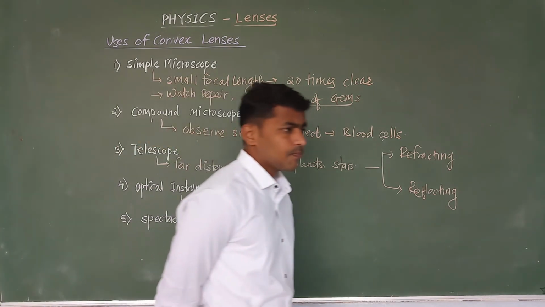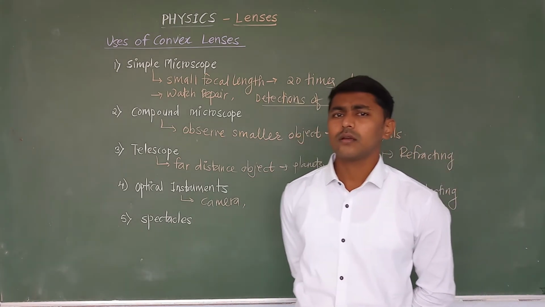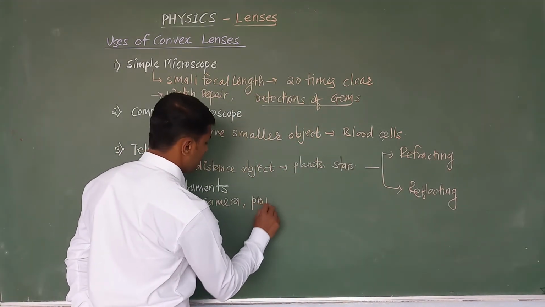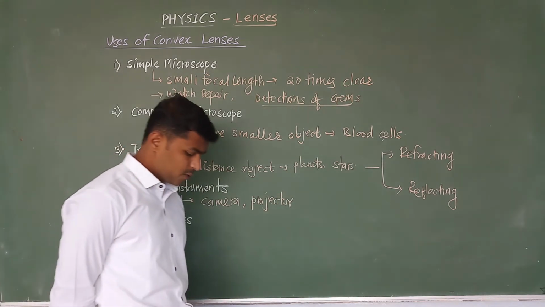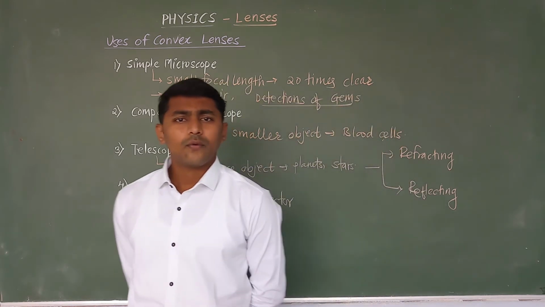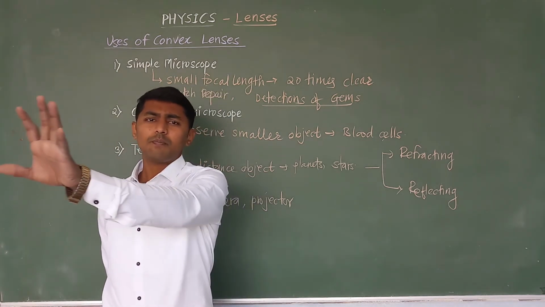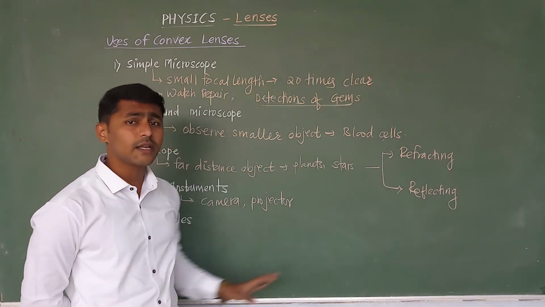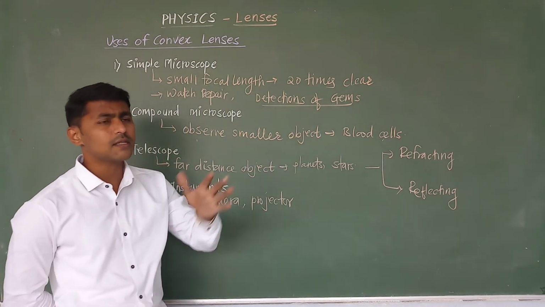Again, suppose we have to arrange a seminar where we use a projector. I hope all of you have seen the concept of a projector. A projector is used for various seminars where a number of people are in front of us, and we are presenting on a large screen to see those images widely.